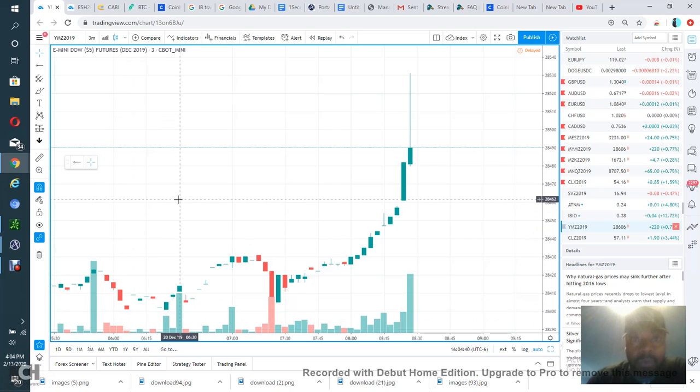So what we want to do is talk about the platform and what we need to have available. The indexes: the Dow Jones, the S&P 500, the NASDAQ, and the Russell 2000.